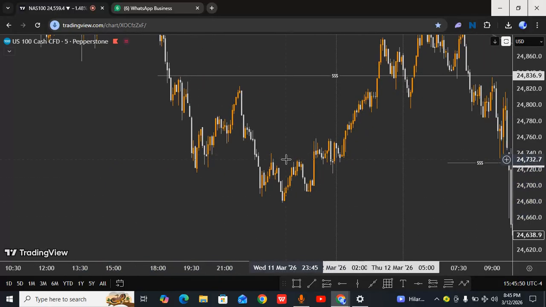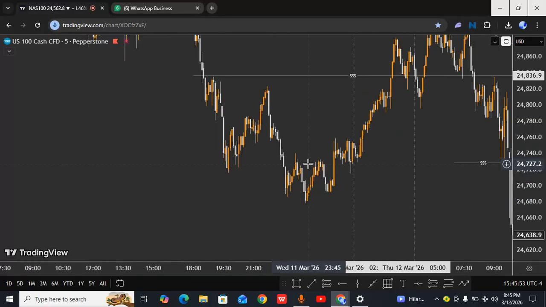But in this particular case, we already see price taking this low from New York session yesterday, right? Then this is the low from Asian session. Now during Asian session, we already saw price taking out this low already, right?